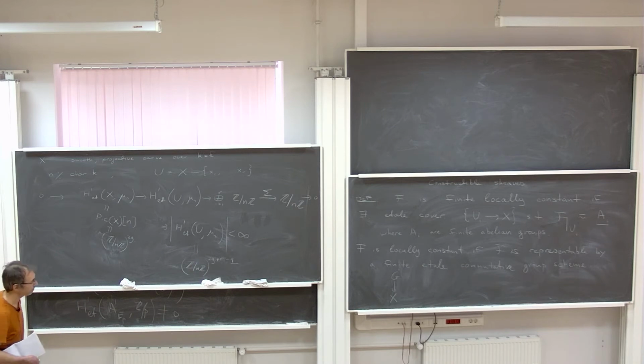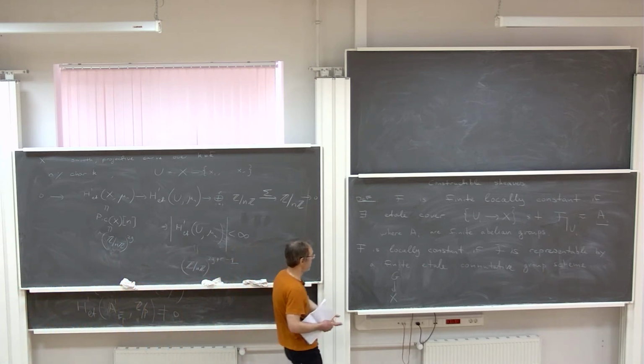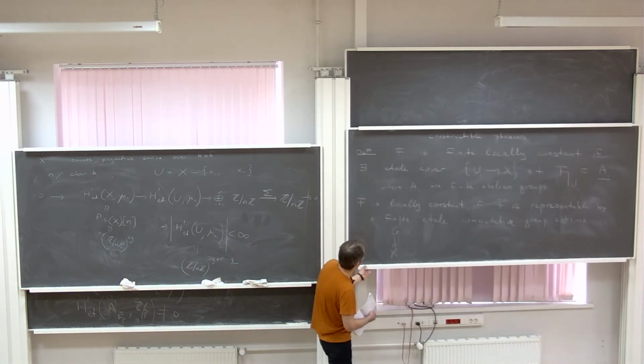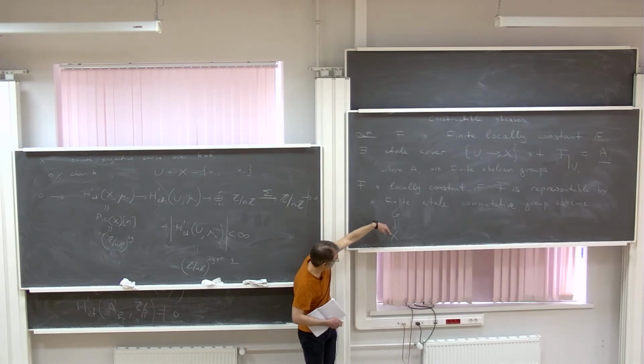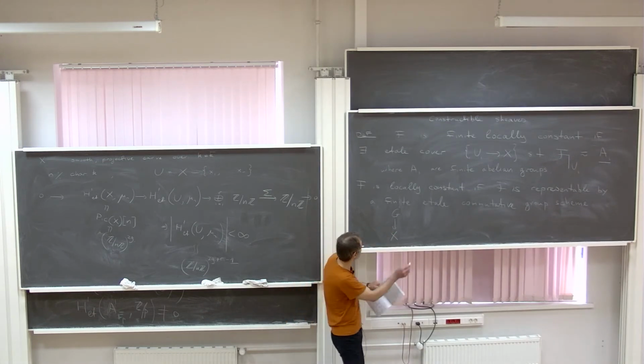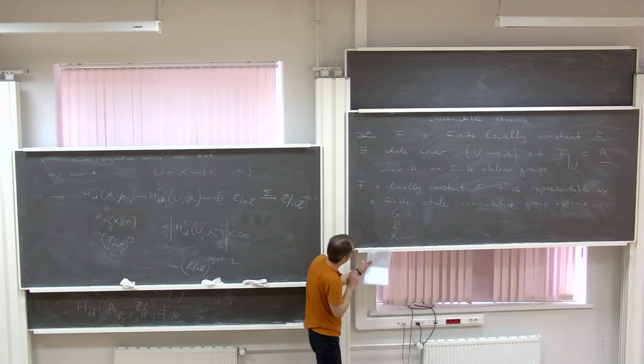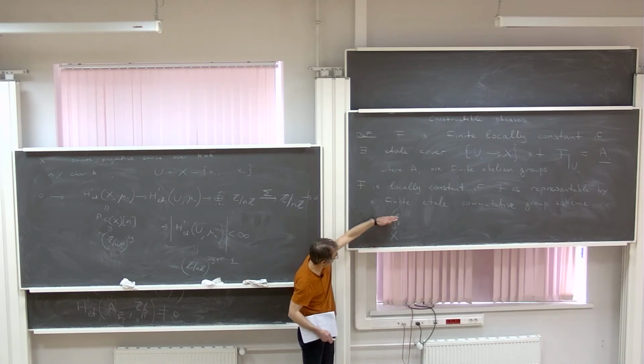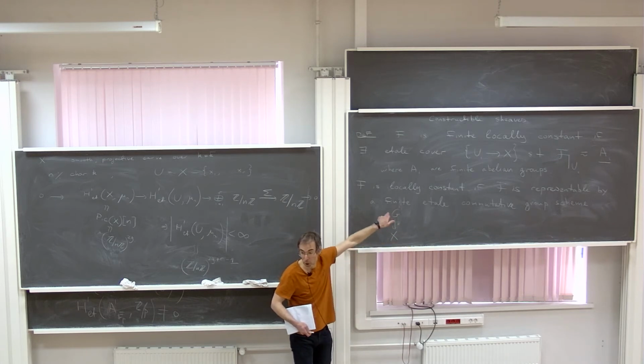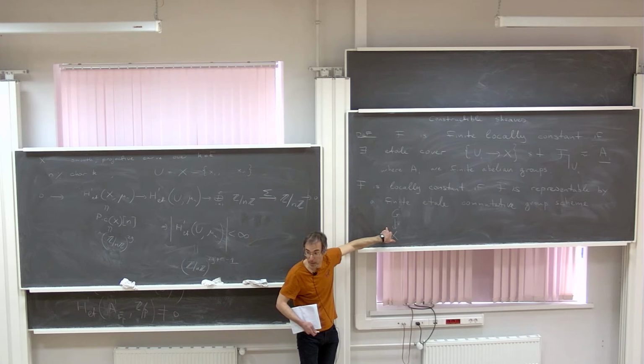Very good. So if you have such a finite étale group scheme, what is a finite étale group scheme? It's a group scheme such that this morphism pi is finite étale.